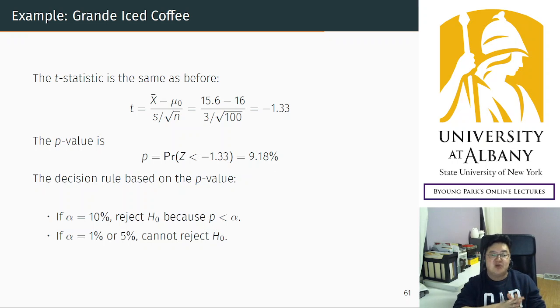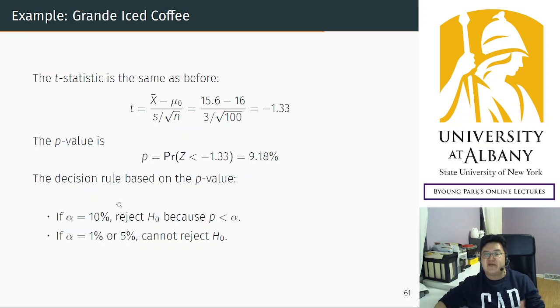So the p-value is 9.1%, and the decision rule is based on this. If you use this p-value, it's clear it's smaller than 10%, so you are going to reject the null hypothesis if alpha is 10%. But if alpha was 1 or 5%, the p-value is sufficiently large, so you do not reject the null hypothesis. So the decision is based on your significance level.